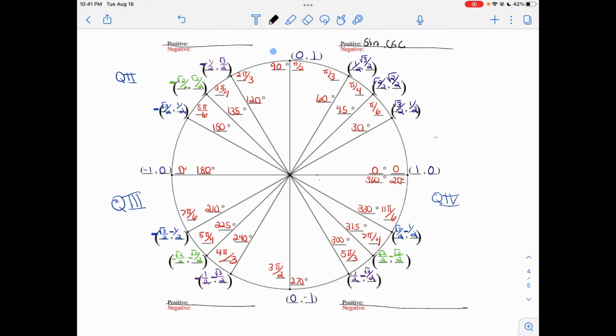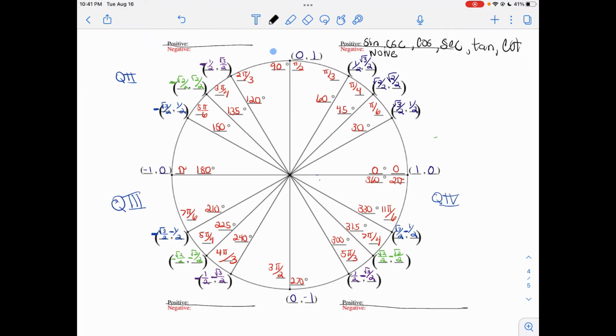And since my x is positive, that means cosine must be positive, and its reciprocal, which is secant, must also be positive. And then tangent is sine divided by cosine. So if I take a positive divided by positive, that gives me a positive. So tangent is positive, and its reciprocal, cotangent, is positive. So in quadrant 1, all of the trig functions are positive. And there's no negative trig value, so you should get no negative results.